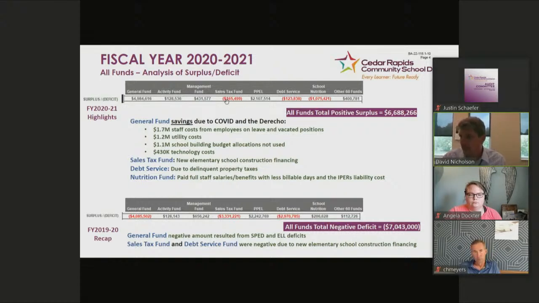Otherwise, this would have been significantly in the red, because we issued 25 million in 2019 for the construction of West Willow, and a lot of expenses occurred this year as well. Because we brought in the 16 million, that offset some of those expenses, even though we were spending quite a bit there. Debt service.